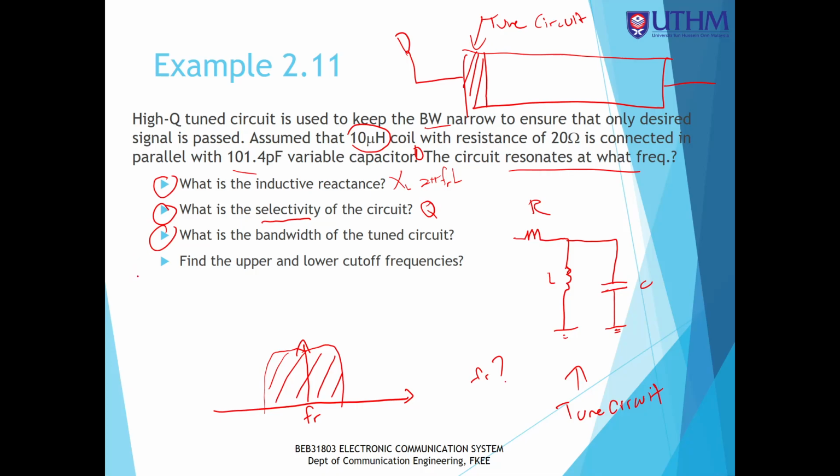Find the upper and lower cut-off frequency of the frequency band selected by the tuned circuit. Berapakah nilai frekuensi tertinggi dan juga frekuensi terendah yang telah dipilih oleh tuned circuit? How much is the upper frequency and lower frequency?